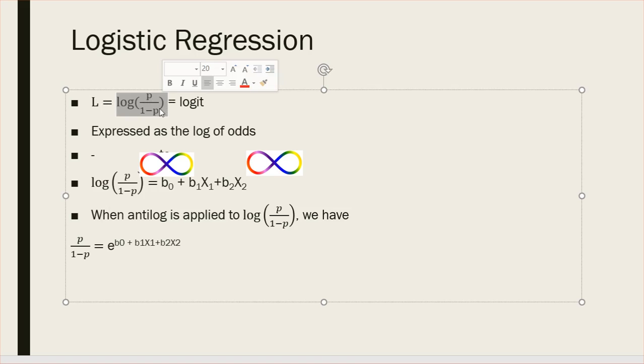The log of odds is also called the logit. And logit can range from anywhere between negative infinity to infinity. It's endless. The possible range for logit or the log of odds is endless. It can range anywhere from negative infinity to infinity.